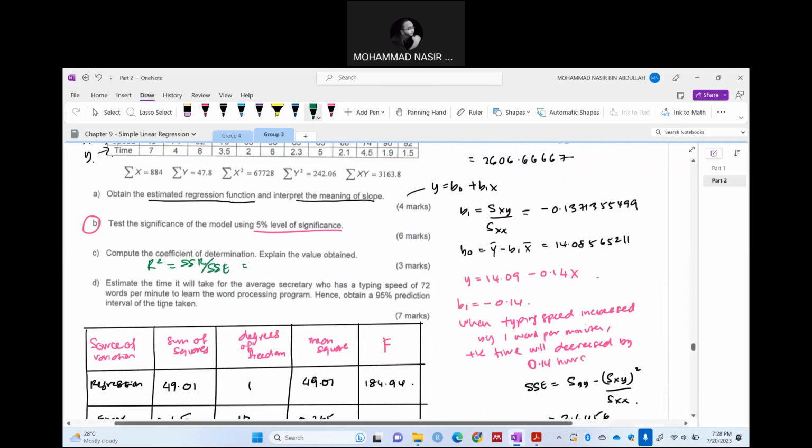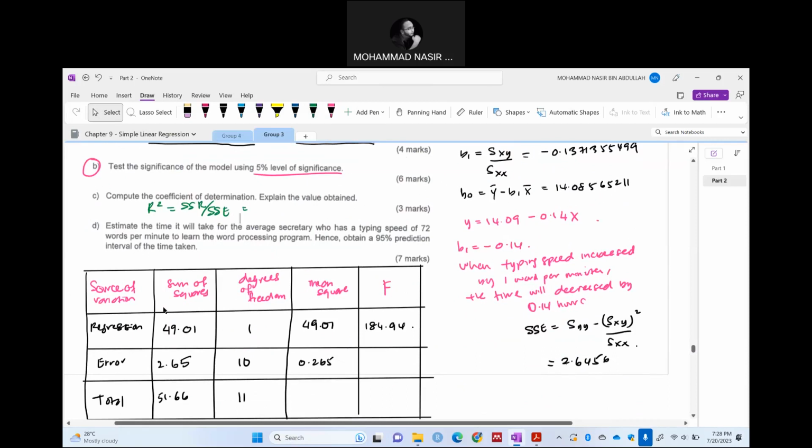So this one should be 49.01 divided by 51.66, which should be 94.87%. Explain the value obtained.